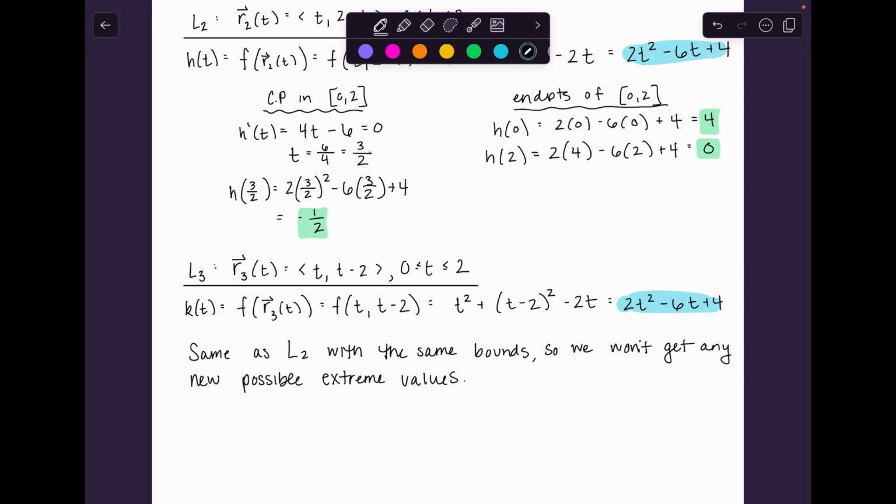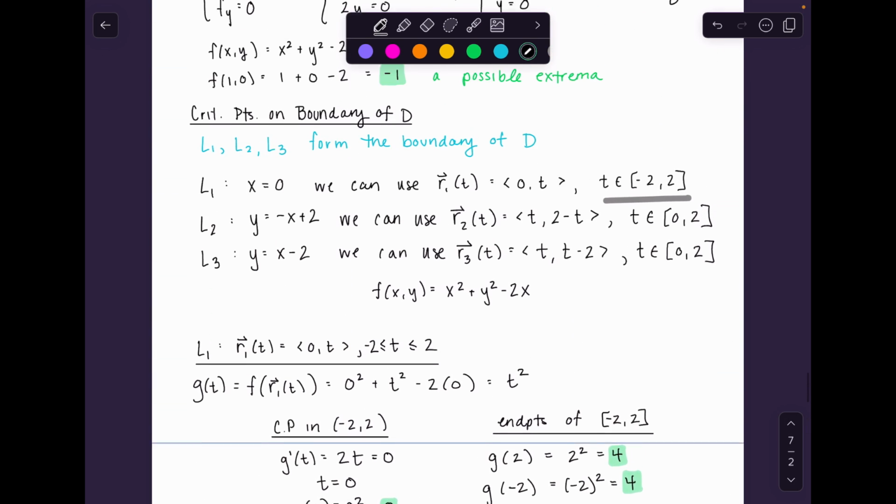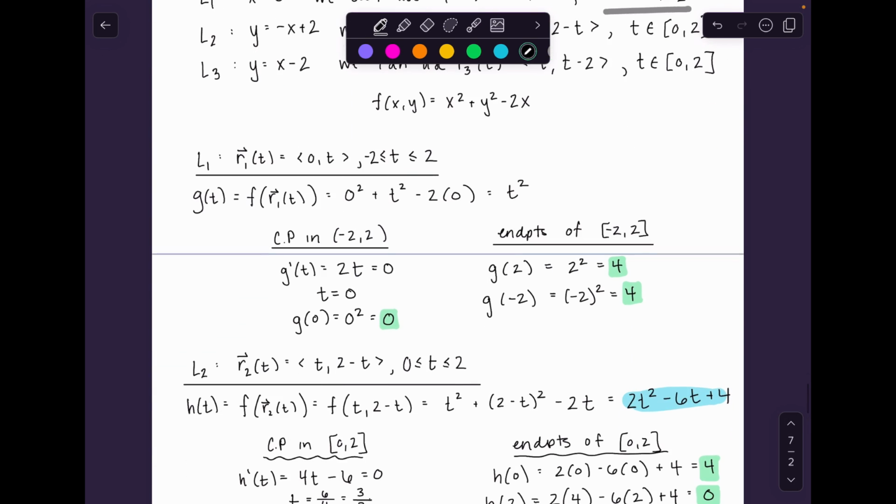So we've got our full comprehensive list. Now I need to go back through to find my absolute max value and my absolute min value. So looking at my list, we have -1.